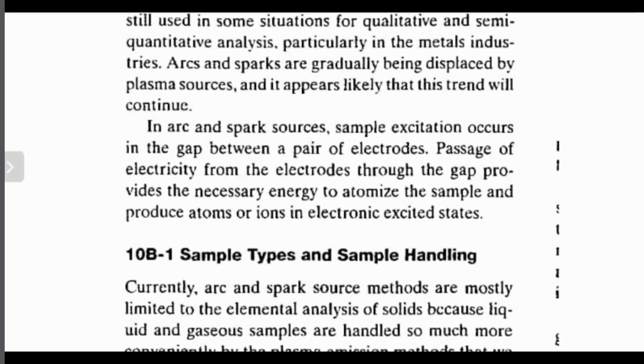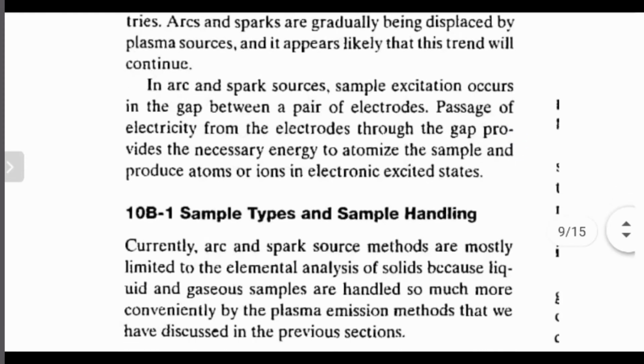So there we are using three electrodes, but in the spark or arc sources we can use two electrodes, or a pair of electrodes, through which the passage of electric current is carried out.